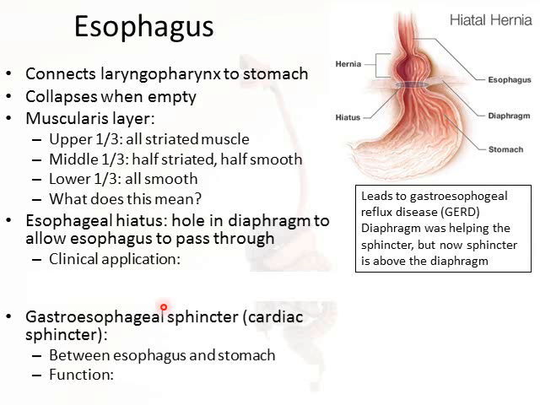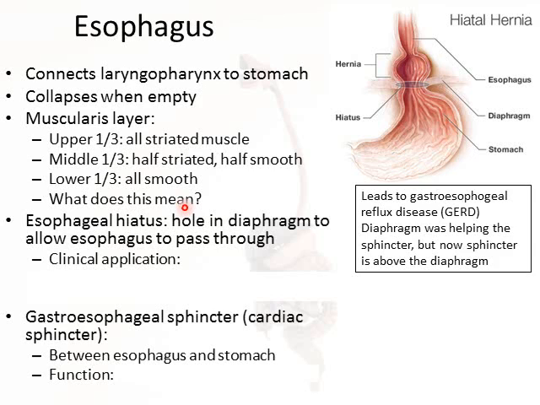The upper 1/3, the part that's closest to the mouth, is all striated, voluntary muscle. We can control that. The middle 1/3 is about half striated, half smooth muscle, so we can kind of control it, but not completely. Part of it is involuntary. And then the lower 1/3 is all smooth muscle, meaning that contraction of that lower 1/3 of the esophagus is completely involuntary.